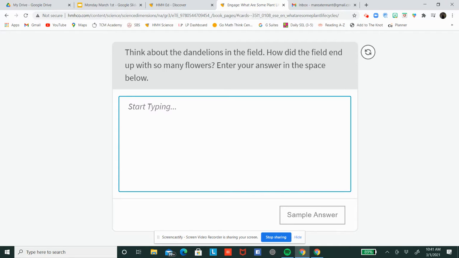Write at least 2 sentences. How do you think that happened? We didn't see a bunch of people gardening every day to add more, so it wasn't the people. How do you think we got more of those dandelions?